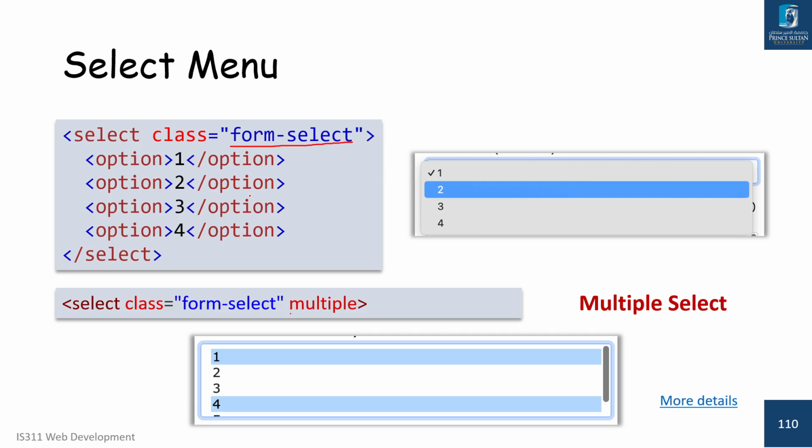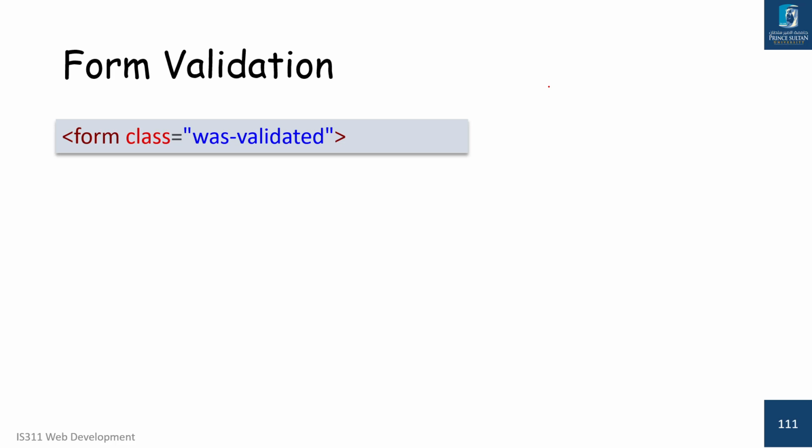But definitely when we apply the Bootstrap styling, it will have a different visual output compared to the simple select. Then, based on the screen size, we can also apply those styles. If it is a small screen, apply this style. If it's a large screen, then apply that style.